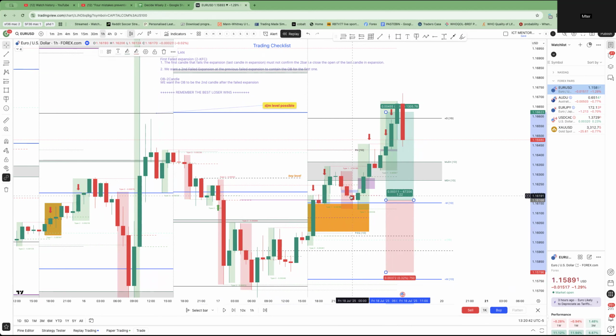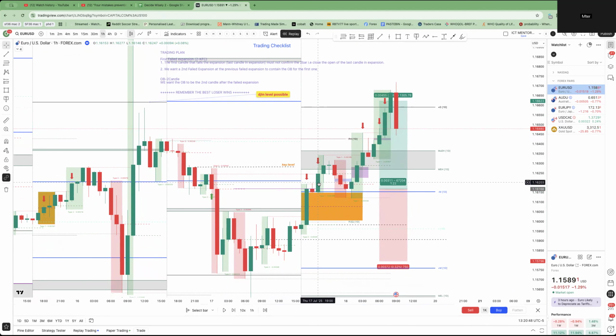Yes, this CST happens here. Why am I not collapsing my long? Because this happened first. Before this expansion happened, I saw this first. So, okay, if you truly want to go down, close all of this and show me that you're going down.